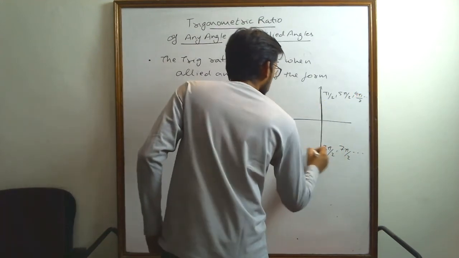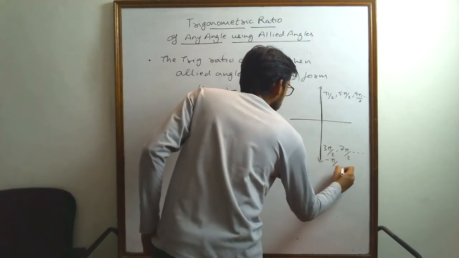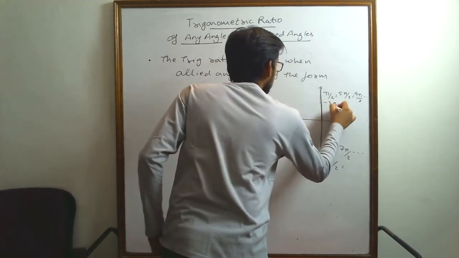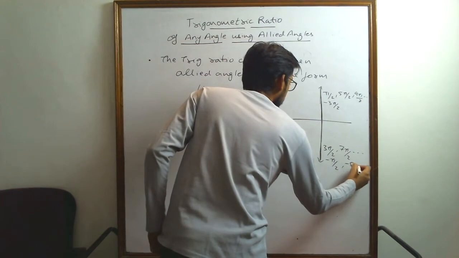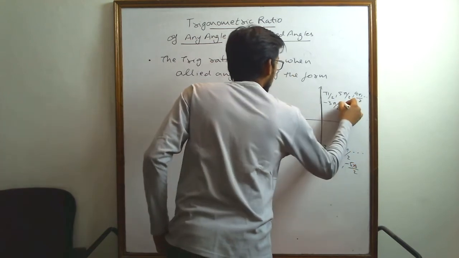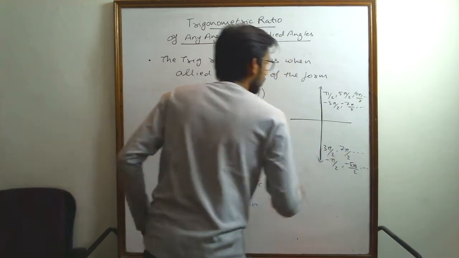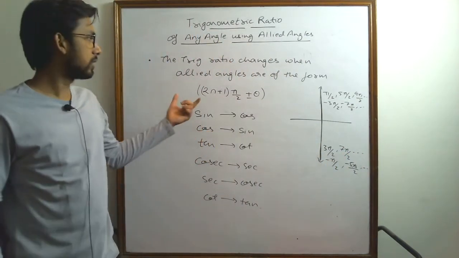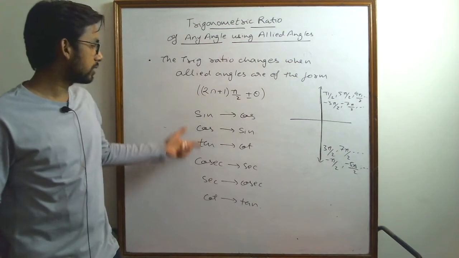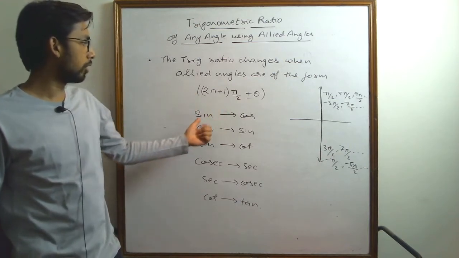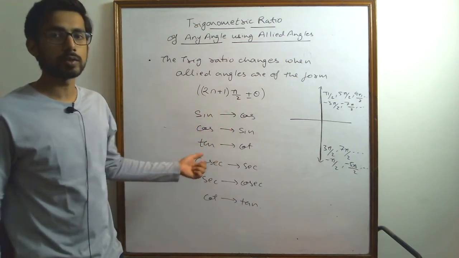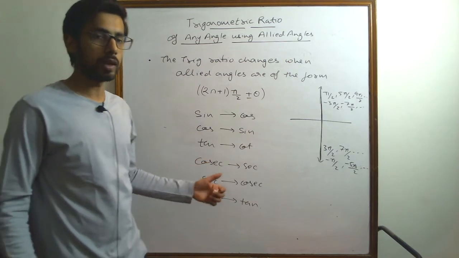Also minus pi by 2, minus 3 pi by 2, minus 5 pi by 2, minus 7 pi by 2, and so on. If it is in this form, then we change the trigonometric ratio from sine to cos, cos to sine, tan to cot, cosec to sec, sec to cosec, and cot to tan.